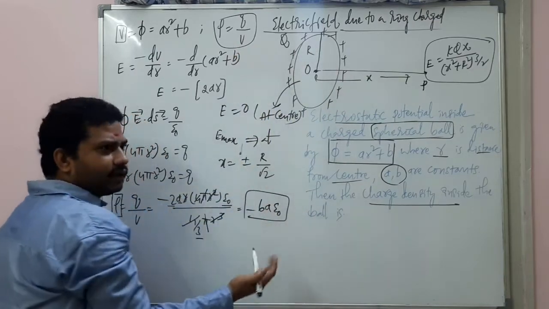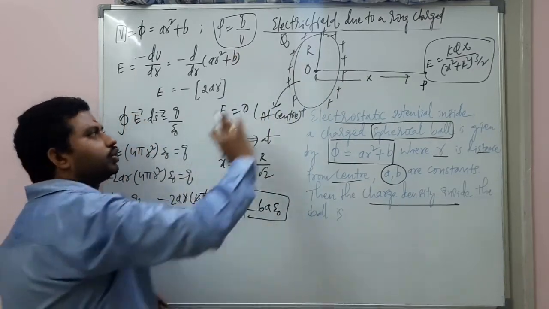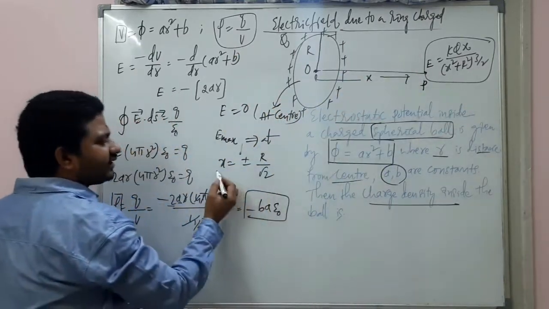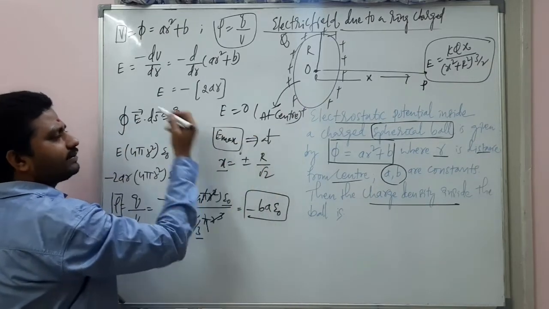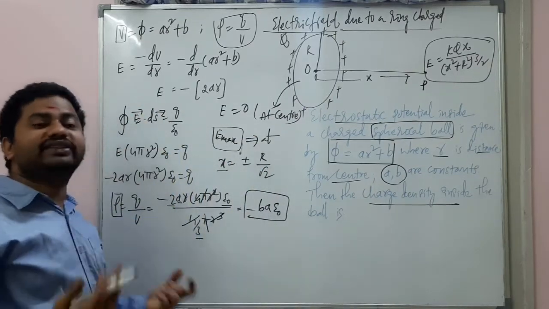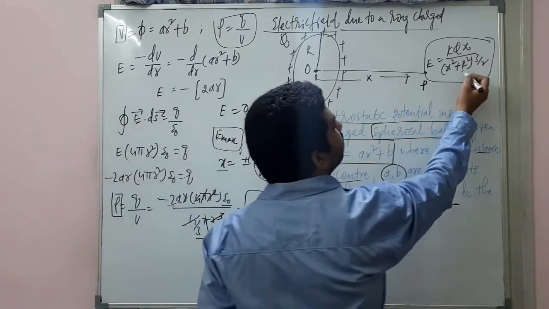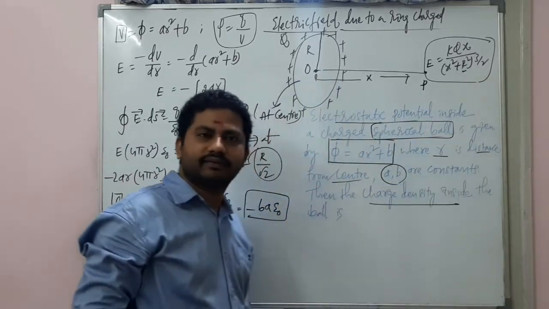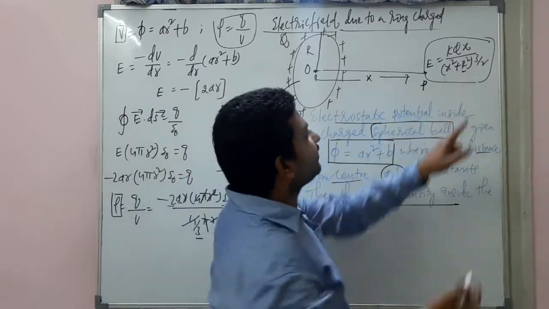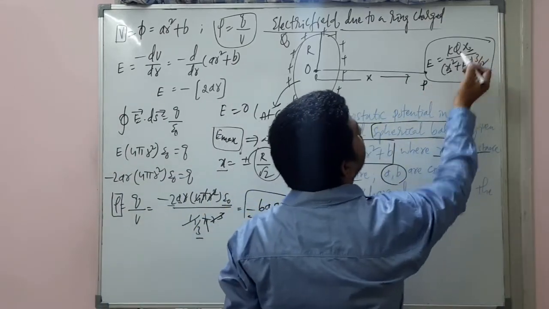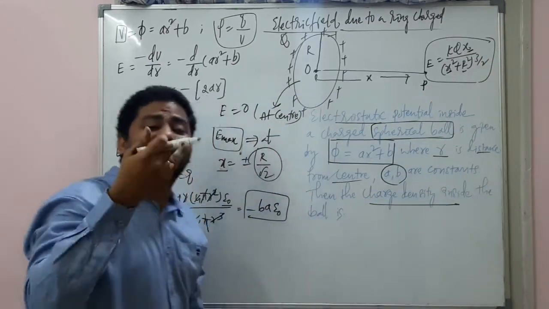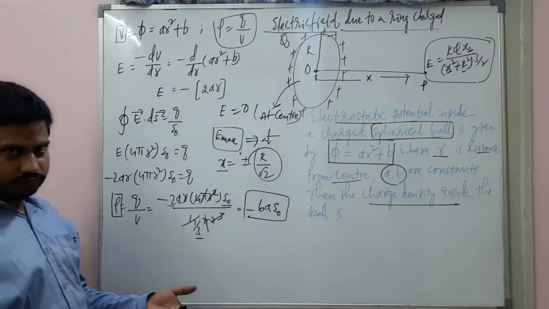Towards the left side at a distance r by root 2, and towards the right side at a distance r by root 2, you get the maximum value of E. What is that maximum value? Substitute r by root 2 in the place of x, here also r by root 2, and you will get the maximum value of E.